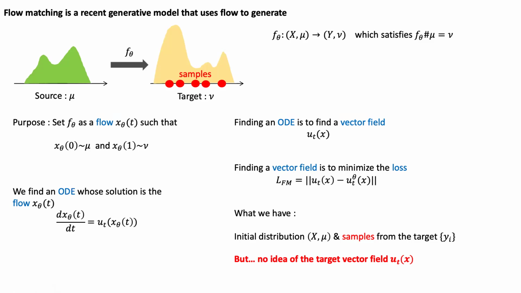We want to minimize the loss. Here, u_t(x) and u_t theta. Can you explain what u_t(x) and u_t theta are? u_t(x) is the true vector field we want to approximate. This will be our neural network. What is the true one? Actually, the true one is not unique.